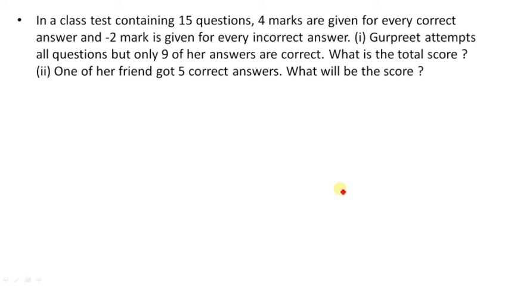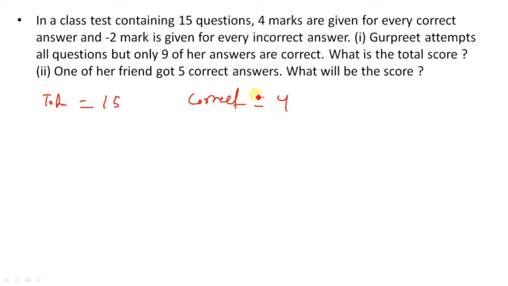In a class test containing 15 questions. So what is the total number of questions? The total number of questions is 15. Now 4 marks are given for every correct answer, and minus 2 marks are given for every incorrect answer.